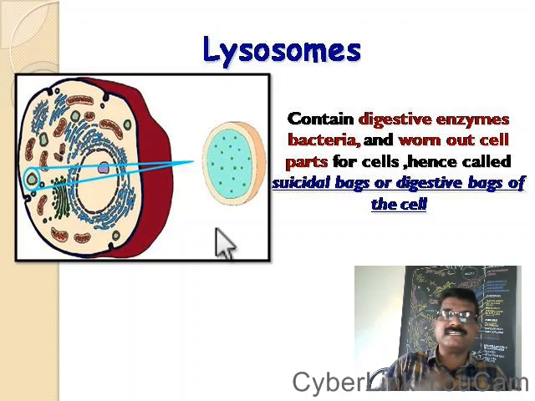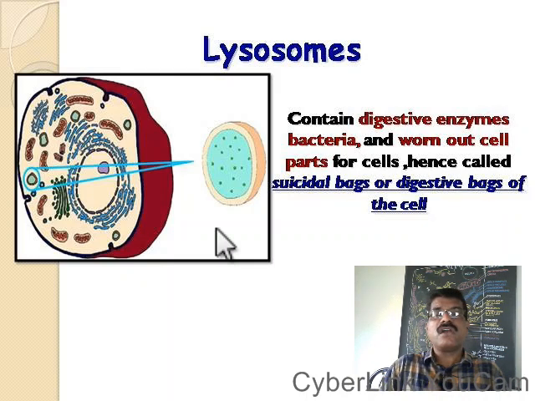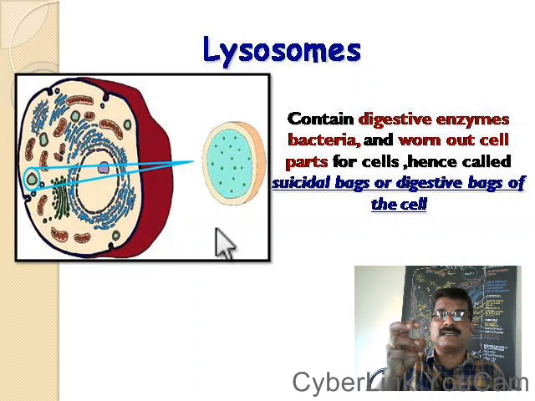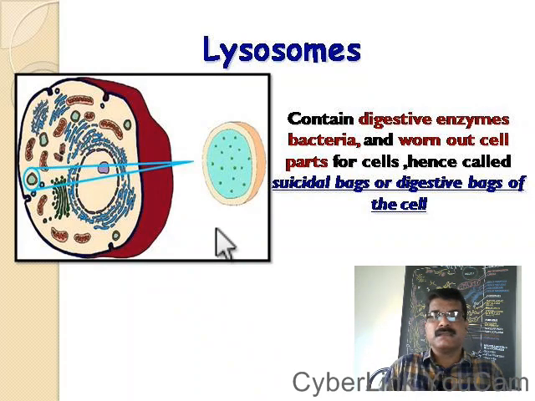If certain bacteria or some foreign substances enter into the cell, the lysosome produces a lytic enzyme. Lytic means having a fatal effect that can kill or destroy the foreign particles.